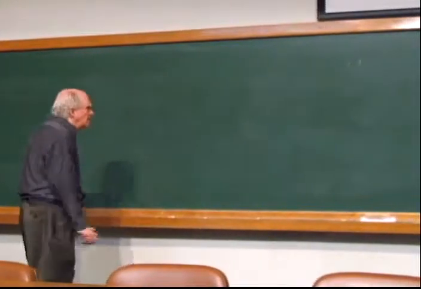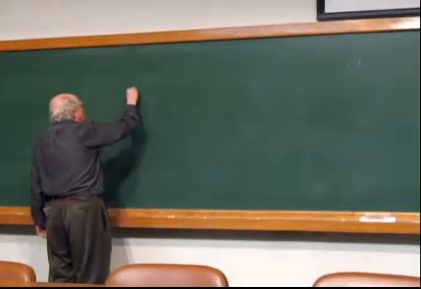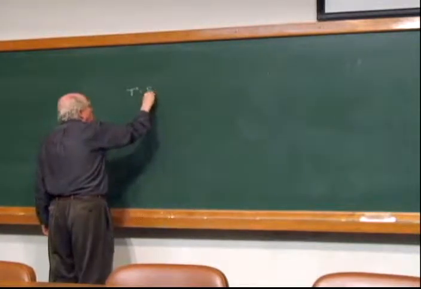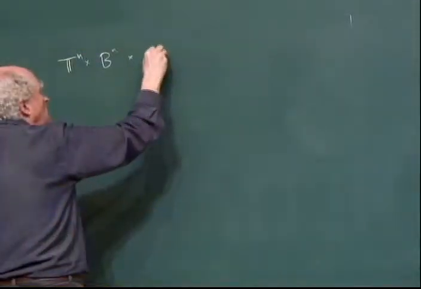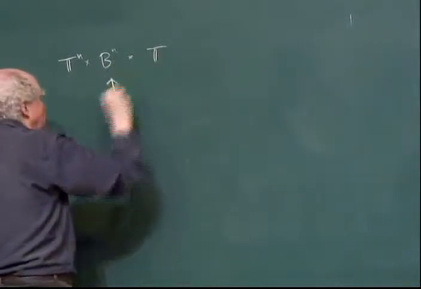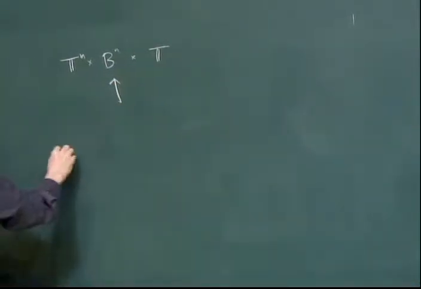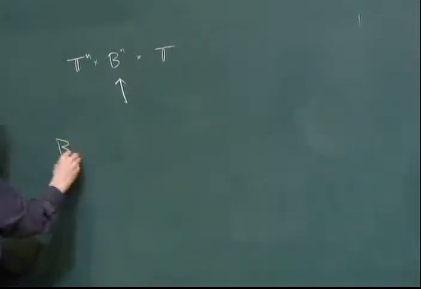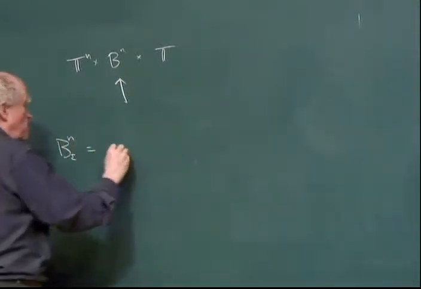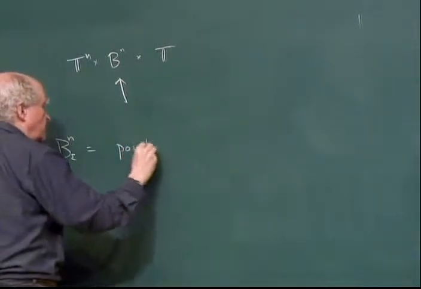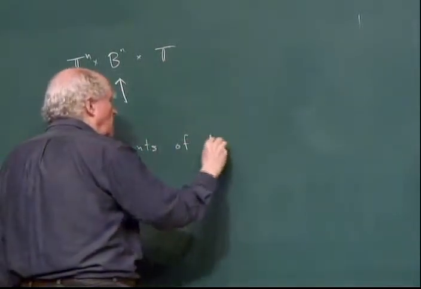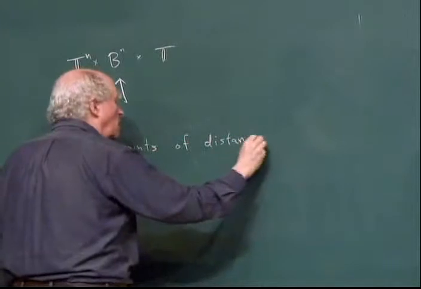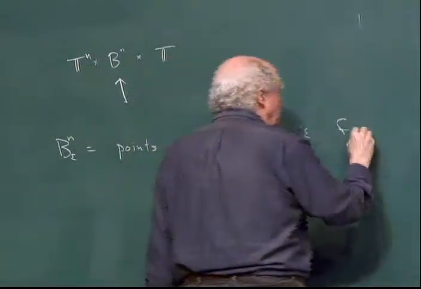So I had my phase space, which is Tn cross Bn cross T. Now I want to focus on this factor. Let me take a set B epsilon n equals the points of distance greater than epsilon from the boundary.